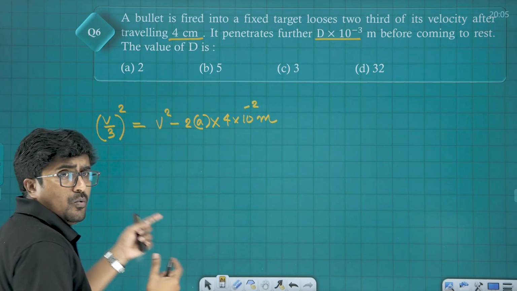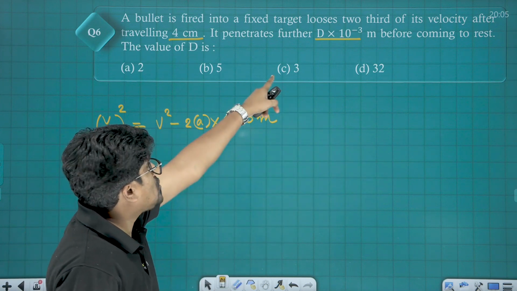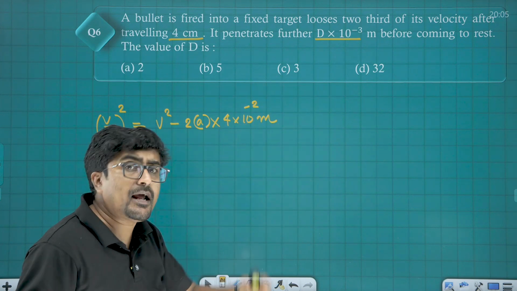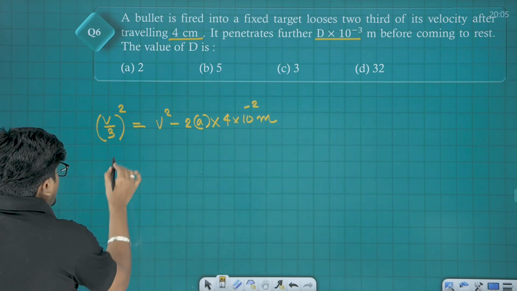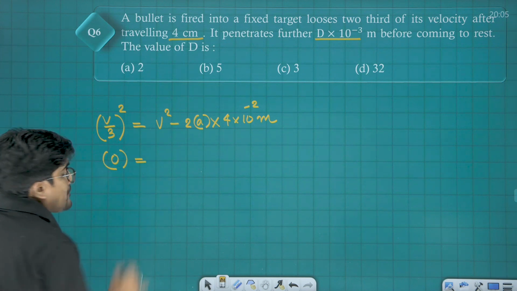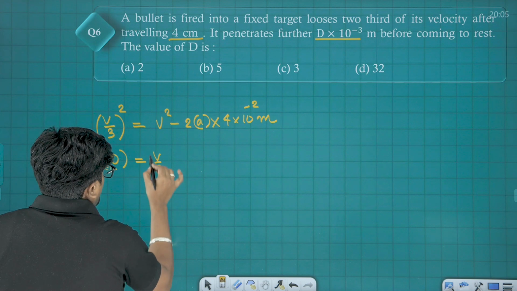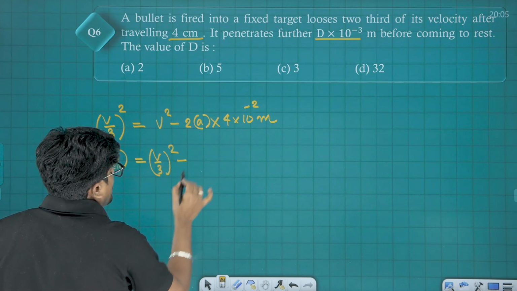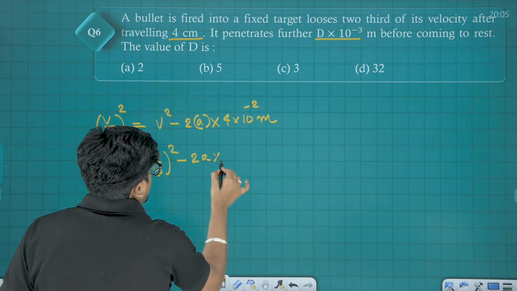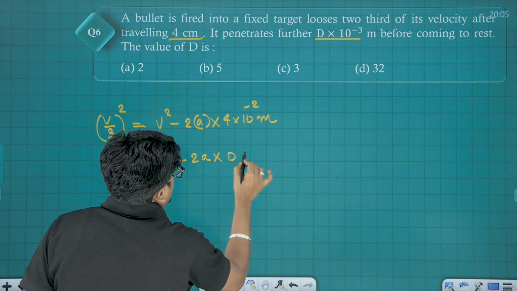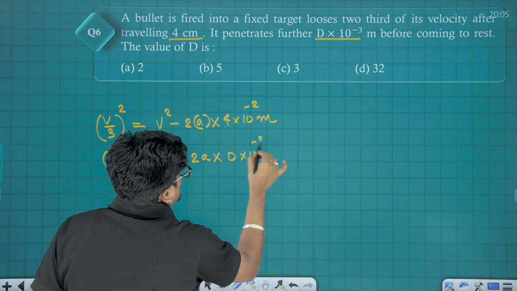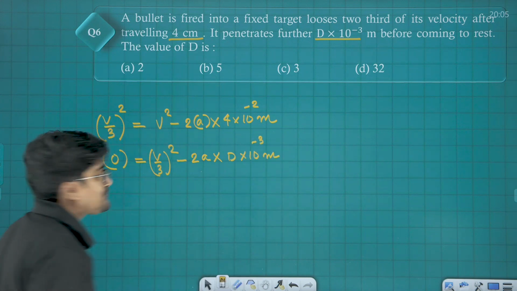Now it further travels a distance of D into 10 to the power minus 3 meter and comes to a state of rest. So in that case, the final velocity is 0. And what is the initial velocity? This is the initial velocity, (v by 3) square, minus 2 times a into the distance traveled, D into 10 to the power minus 3 meter.